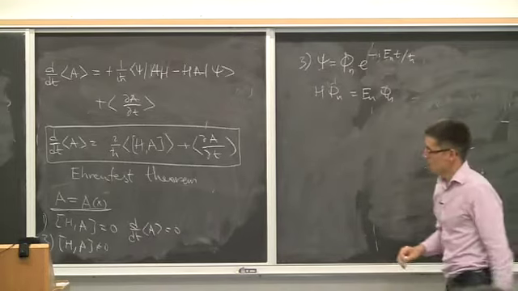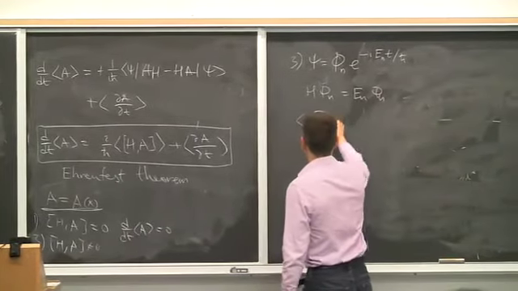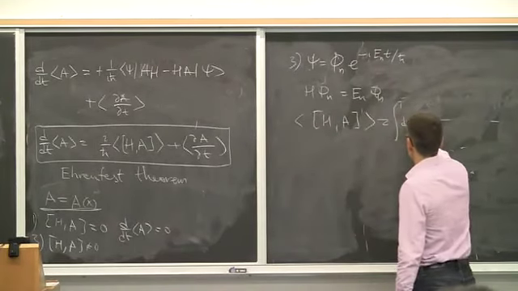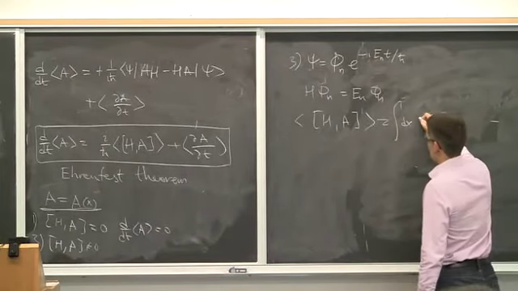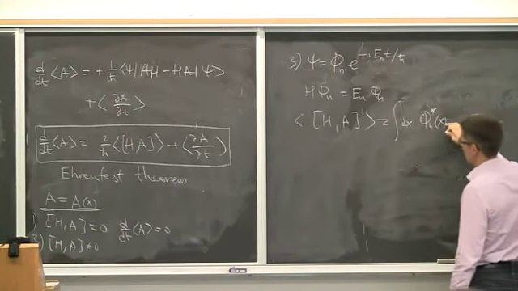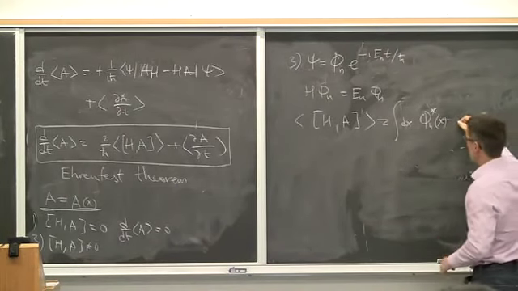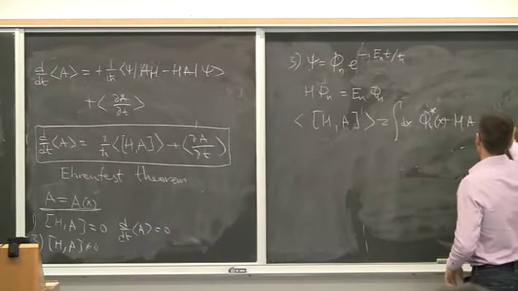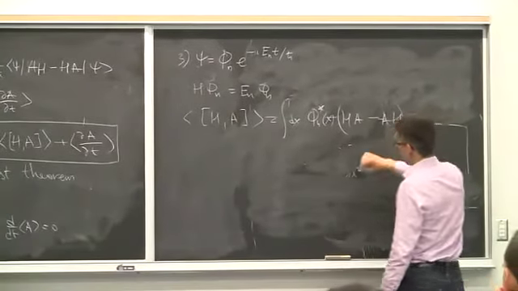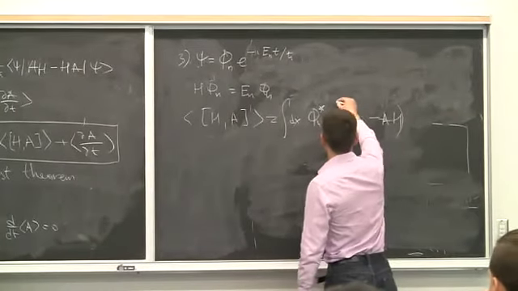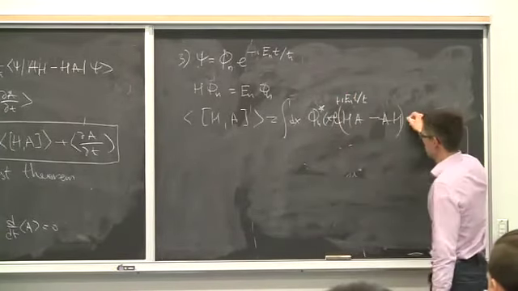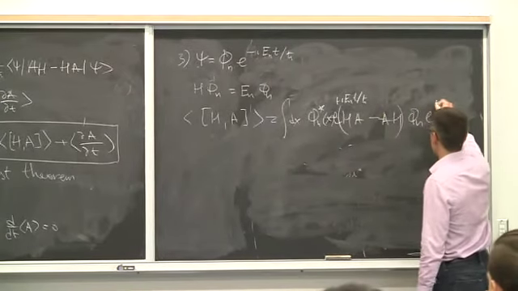Then if we consider the average of the commutator of H, A with psi, this is an integral. We have phi n star of x, then HA minus AH, and then there will be, I forgot, the positive exponent, and here there will be phi n with the positive exponent, minus.